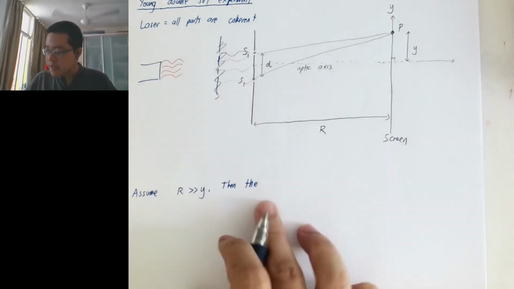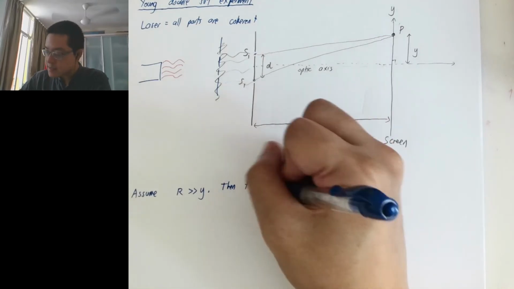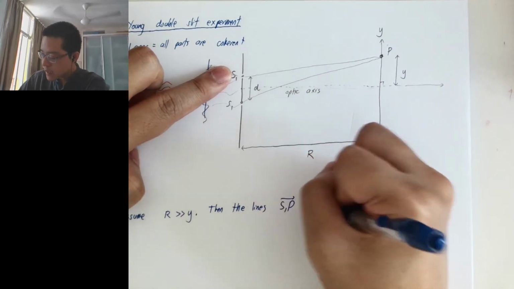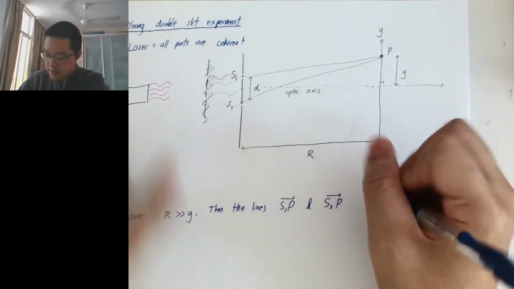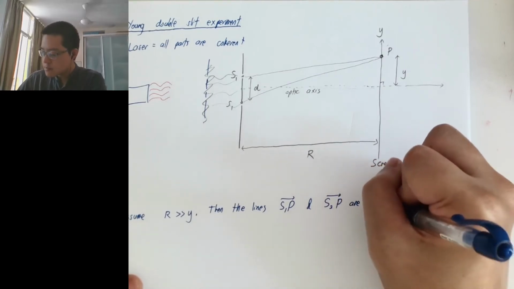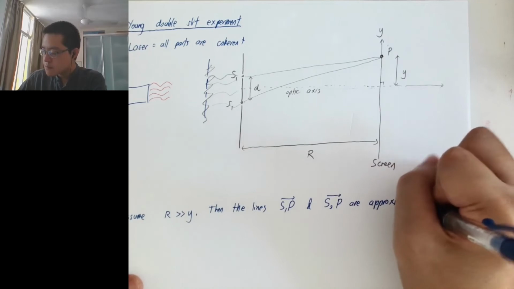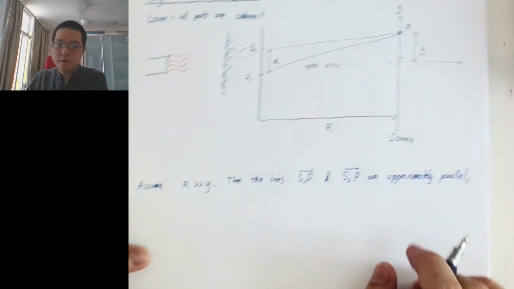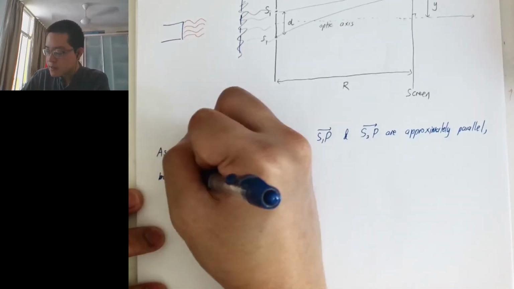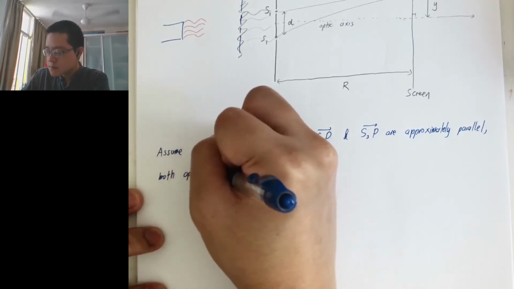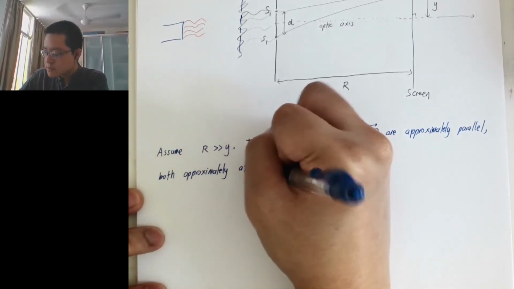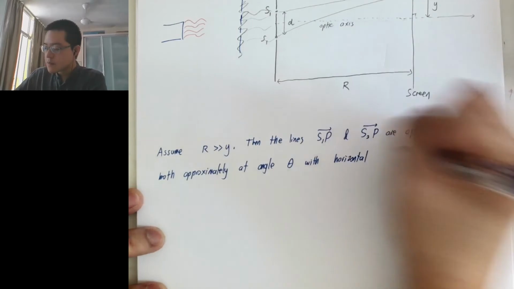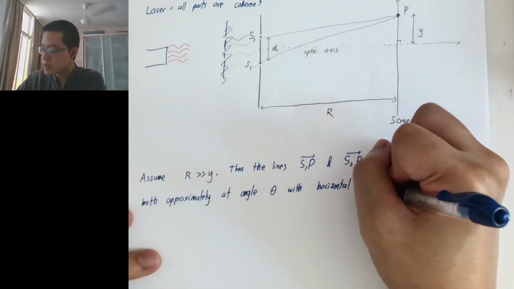If I make this assumption, if this is very far away, then the lines S1 to P and S2 to P are approximately parallel, and both approximately at angle theta with the horizontal axis, which people sometimes call the optical axis.